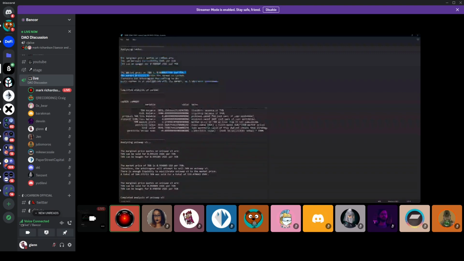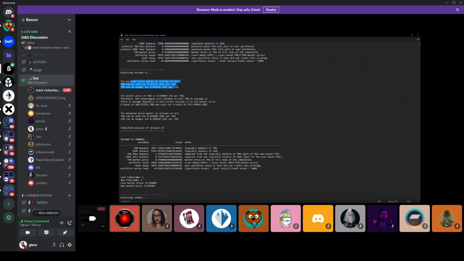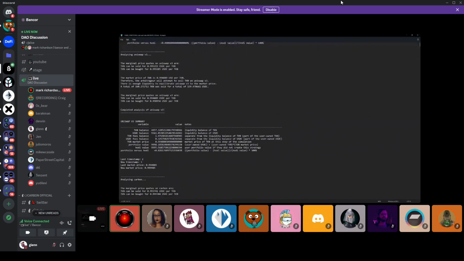It will quite happily let your portfolio increase in value because the price of the TKN is going up, and then sell it only when you've nominated it. Whereas in Uniswap v3, you'll find that that's almost never the case. Essentially, every time the price moves, it necessitates a trade on the Uniswap v3 protocol in order to bring that protocol into equilibrium.